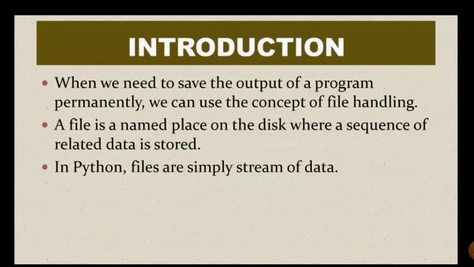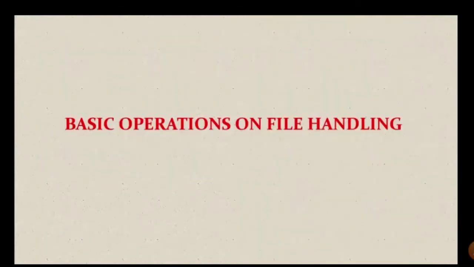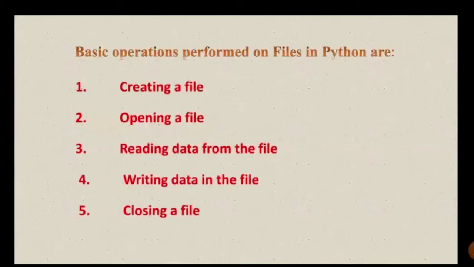Before starting the exact programming pattern, first I would like to introduce the basic terms that you are going to learn in this chapter. What are the operations we are going to have through file handling in Python? Basically, you are going to create a file, open that file, read the data from the file, write the data inside the file, and finally, close the file.